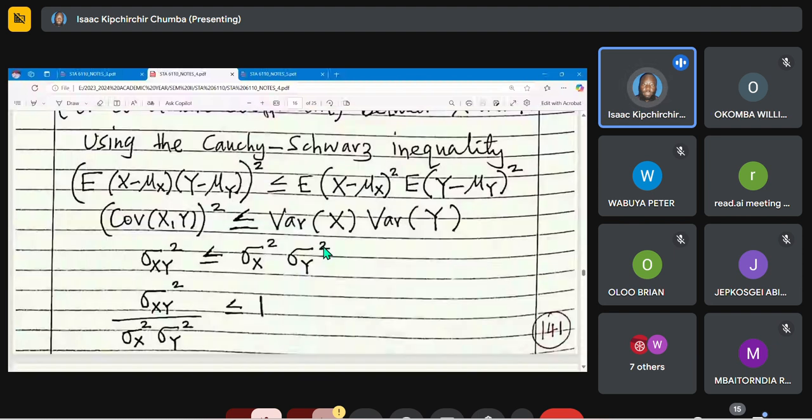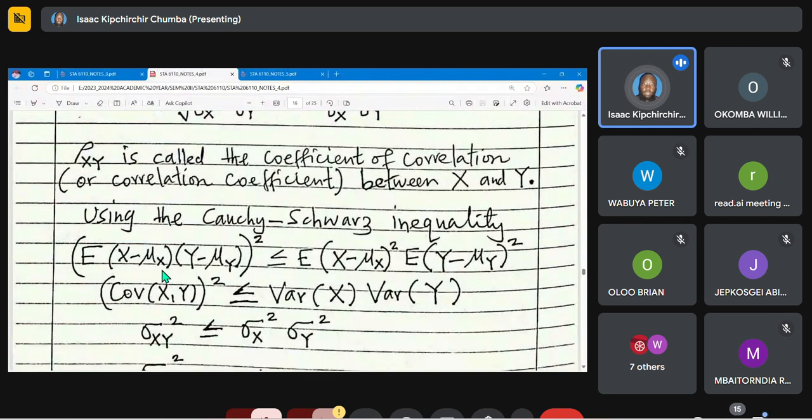If I use it here, but now taking these moments about the means, the square of the mixed moment about the means will be less than or equal to the product of the expectations of the squares about the means.